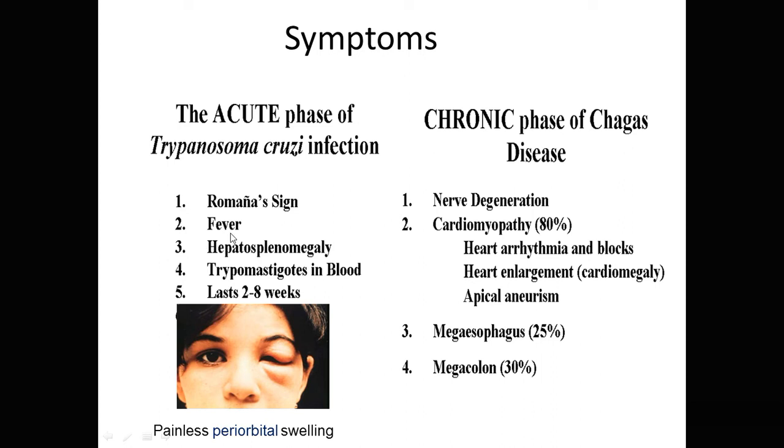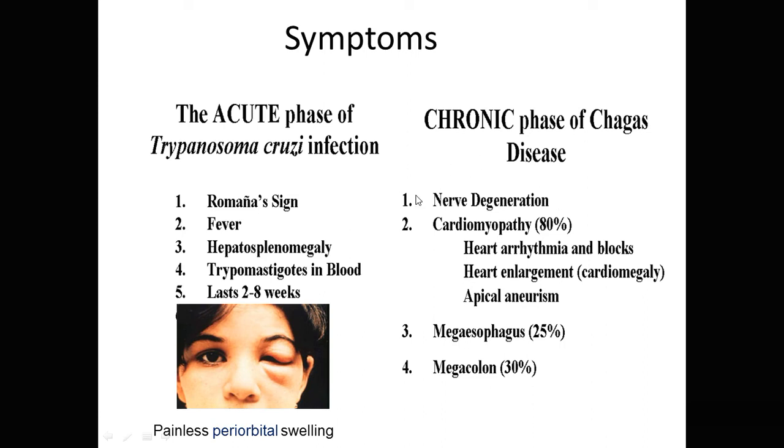And also, the person has fever, hepatosplenomegaly, and trypomastigotes are in blood, and this stage lasts for 2 to 8 weeks. And later, the chronic phase can develop, and in this case, we have neurodegeneration, cardiomyopathy that is characterized with heart arrhythmia and blocks, heart enlargement, apical aneurysm, megaesophagus, megacolon.